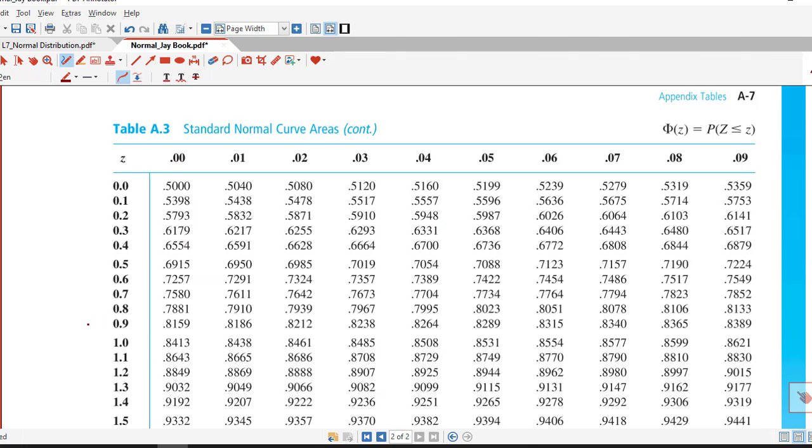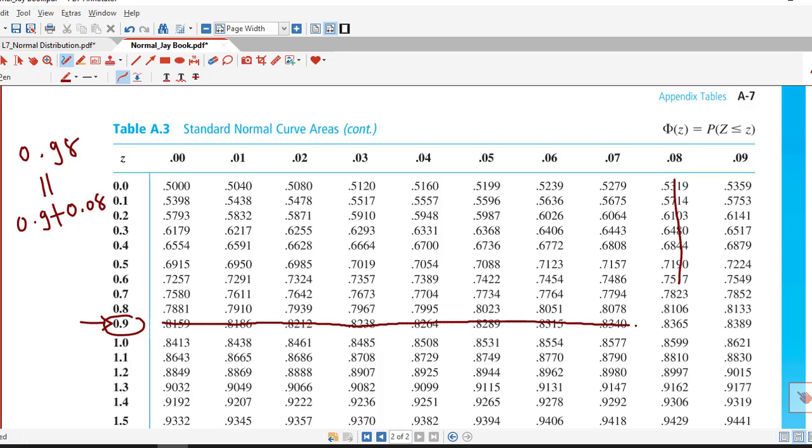So this is the row corresponding to 0.9, and we have to go up to 0.8. We are interested in this value 0.98, that means 0.9 plus 0.08. So we take intersection of these two and here up to this. So the required probability is 0.8365.